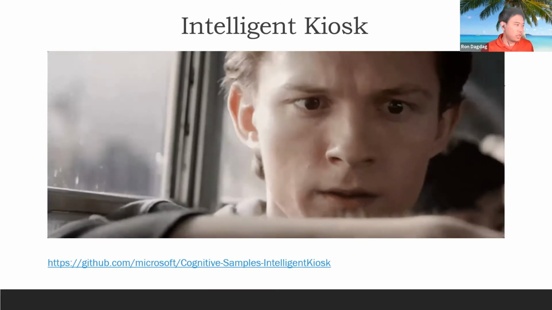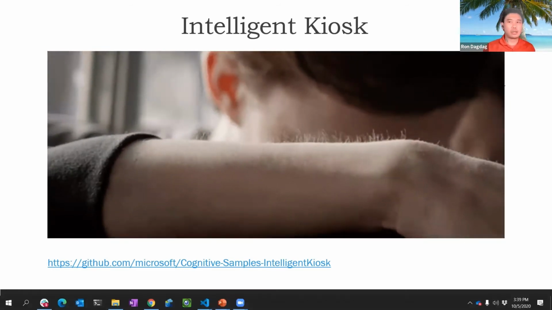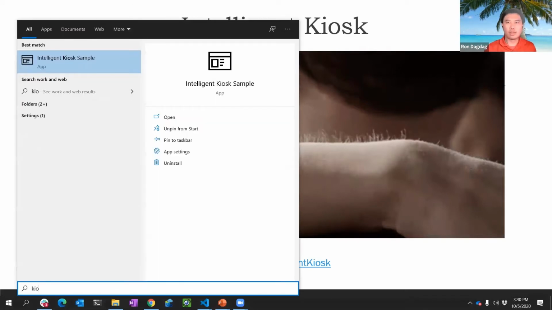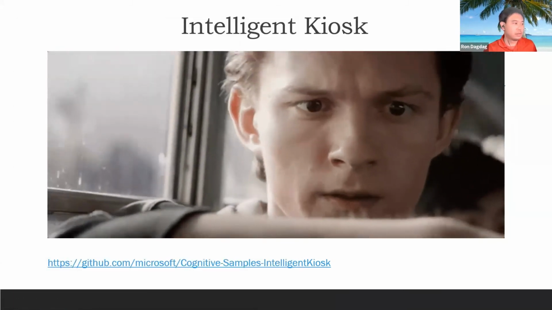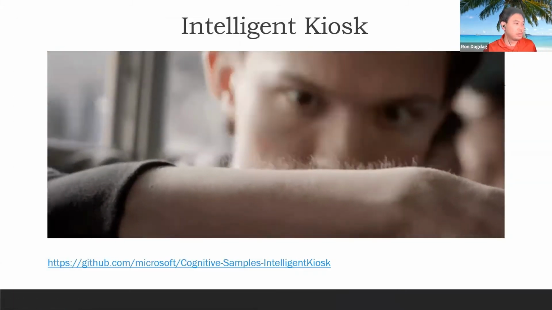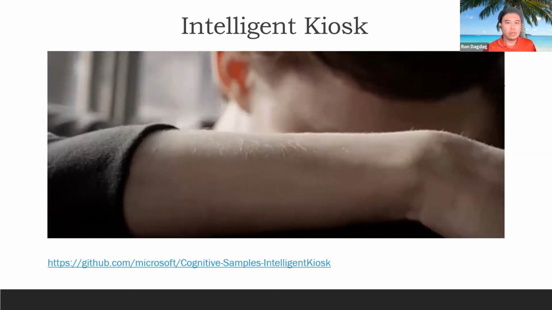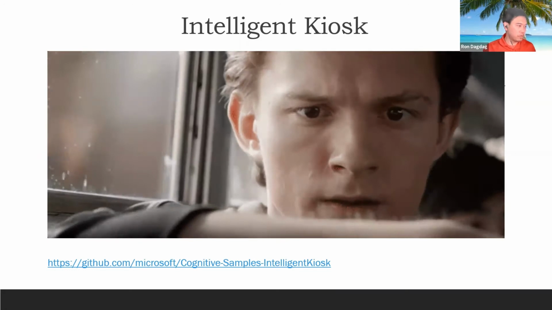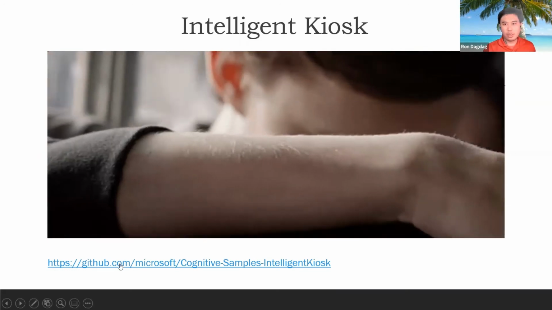So just to visualize what I'm talking about, there's this kiosk application. I should have had it open or running here. See if I can execute it. Okay. I think I might have to skip this one.